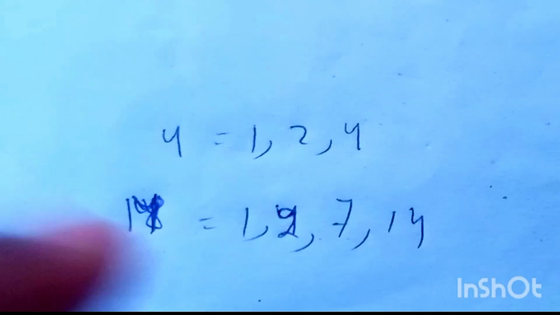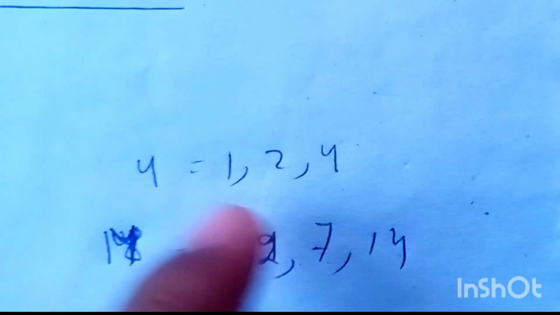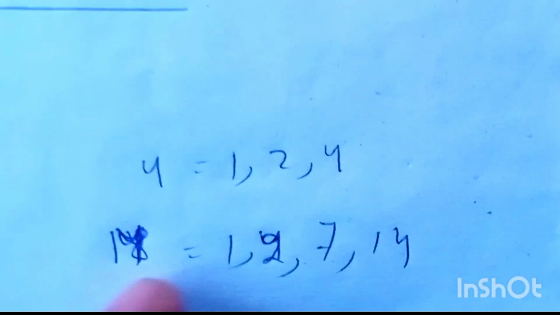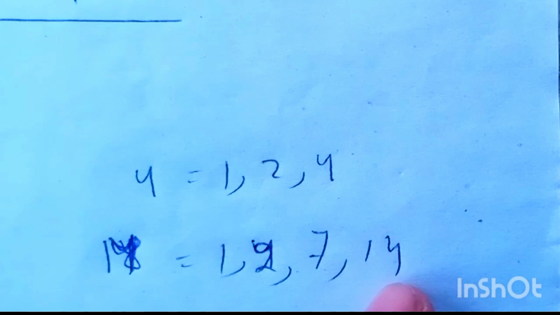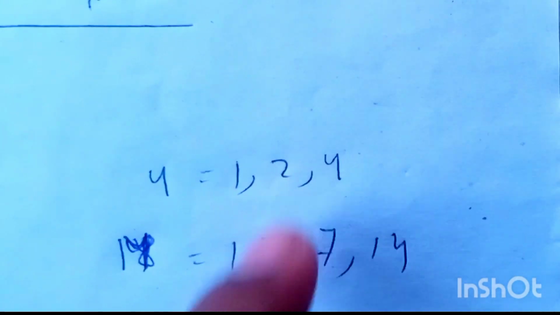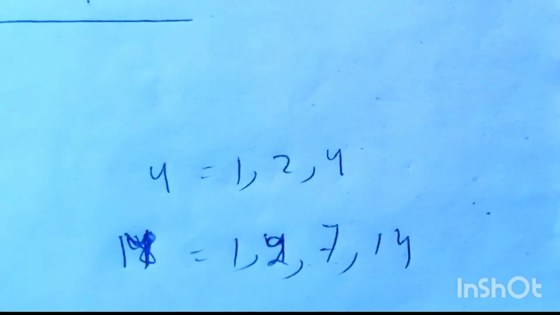If we consider another two numbers, that is 4 and 14, then the factors of 4 are 1, 2 and 4, and factors of 14 are 1, 2, 7 and 14. Here we can see except 1, there is another common factor between 4 and 14, that is 2.